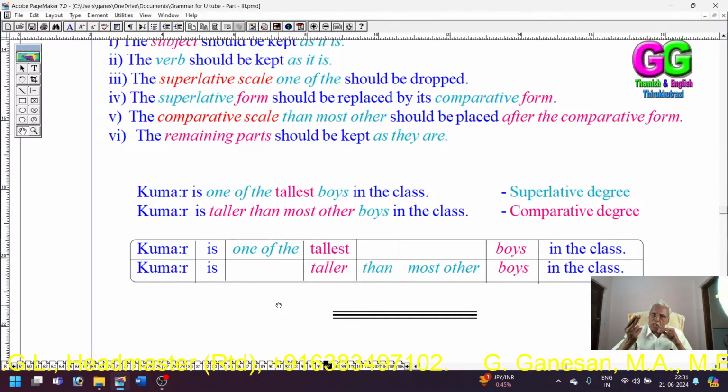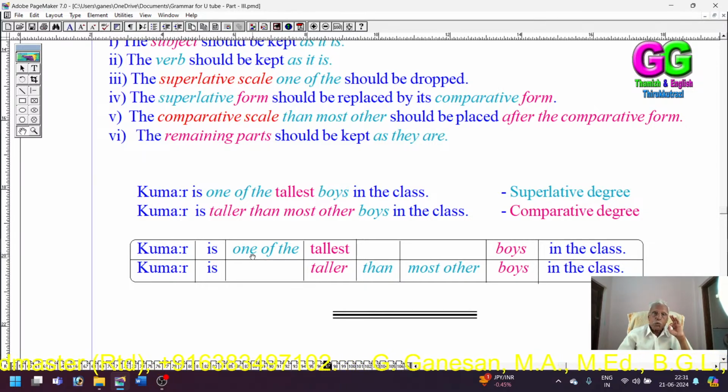So when you interchange comparative and positive, and vice versa, there should be no change in either the subject or the verb. Kumar, the subject in the superlative degree, is the subject of the comparative degree. The verb has no change.